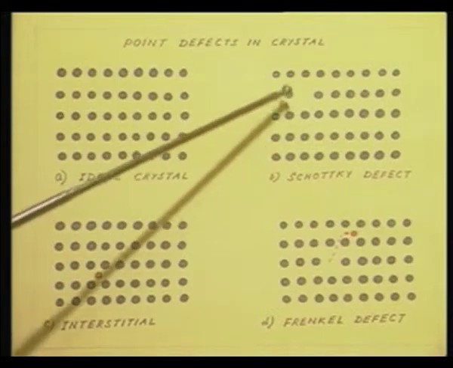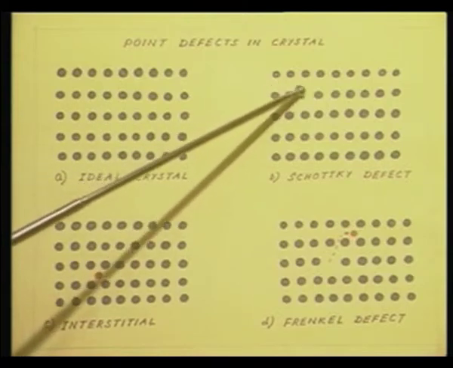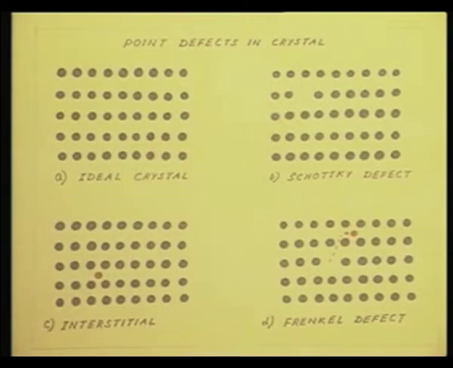Now, as I have said, each atom is bonded to its 4 nearest neighbors. So, in order to create a vacancy, you have to break 4 bonds. The creation of a vacancy is associated with some activation energy.